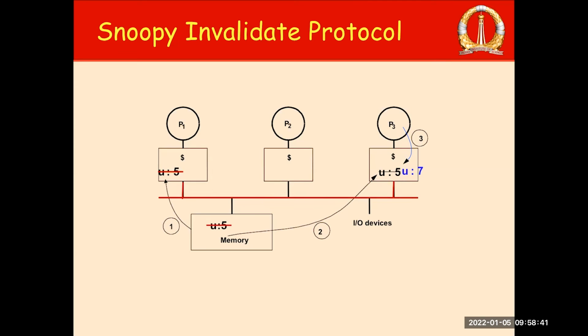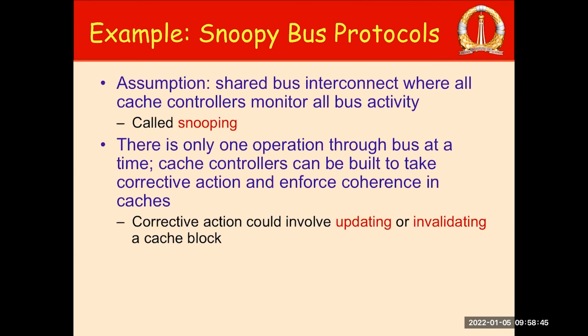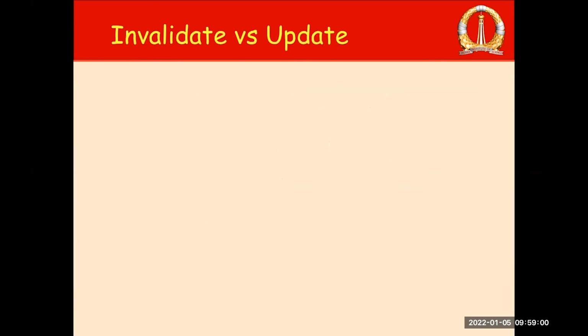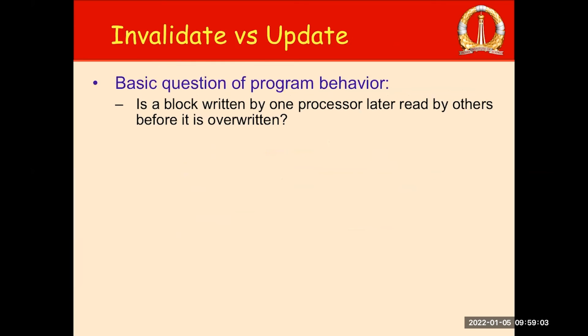Let me go back to the previous slide where I was trying to say something. I was essentially trying to talk about the snooping part and update versus invalidation, which I have already explained. Now, when is it beneficial to use an invalidation based protocol, and when is it beneficial to use an update based protocol?